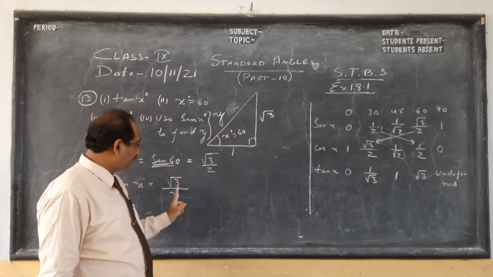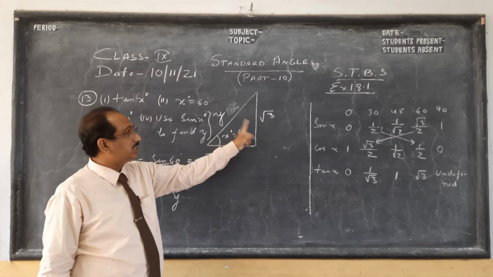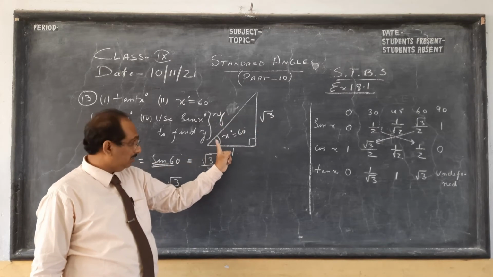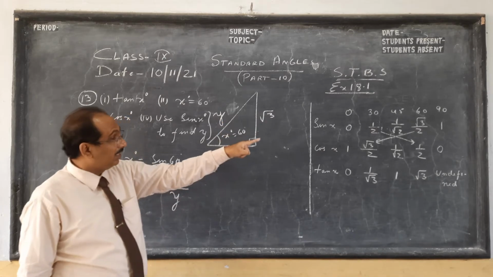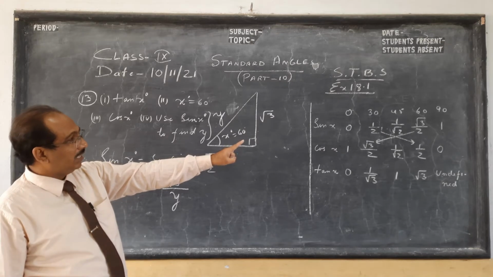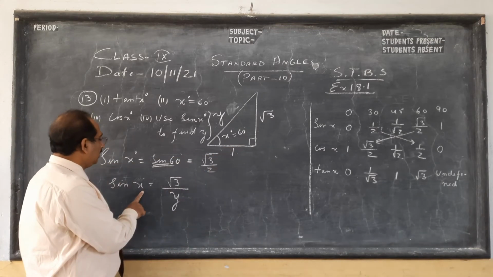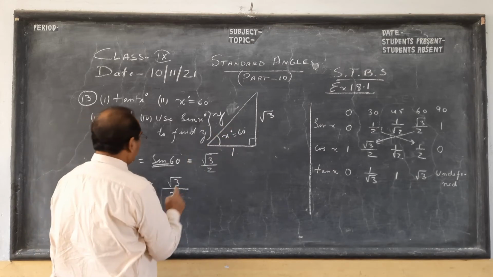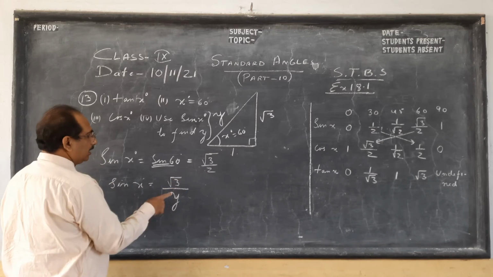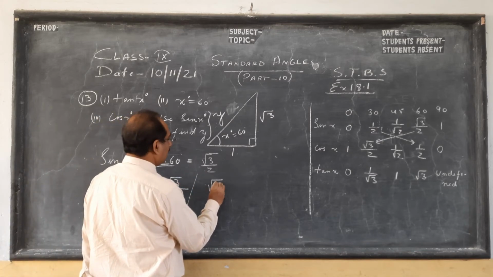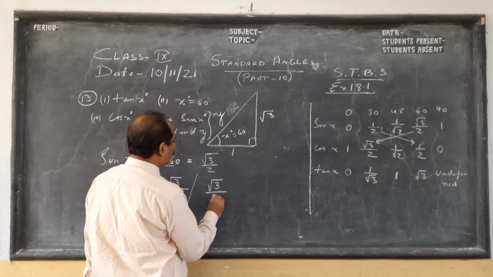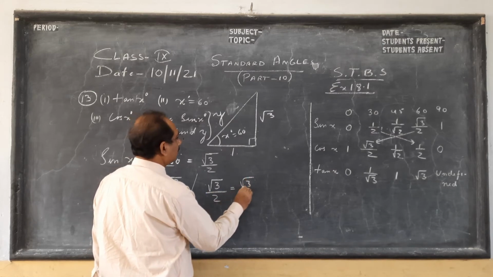Once more, sin 60 is root 3 by 2, this is by table. Here sin x degree is root 3 by y. If you see sin 60 by the table of standard angles, it is root 3 by 2. And here sin is root 3 by y. So both sines will be equal, sin x degree here and sin x degree here. So we equate them: root 3 by 2 is equal to root 3 by y.